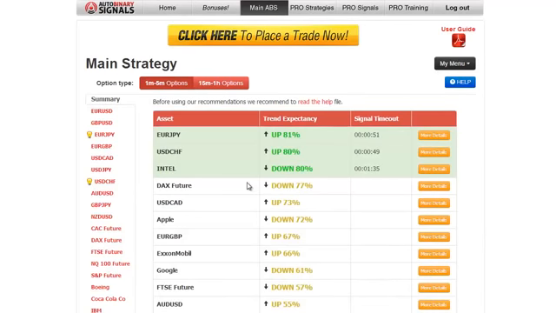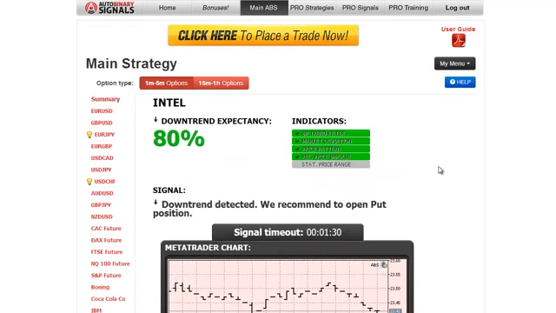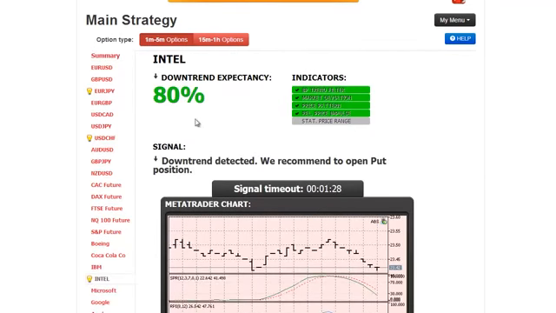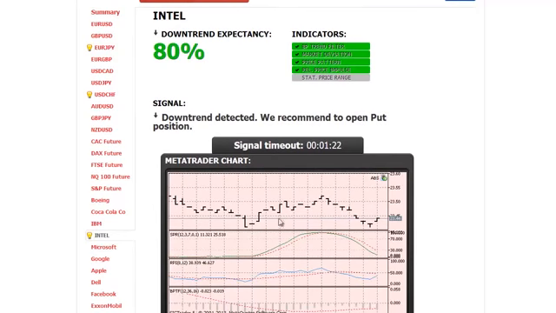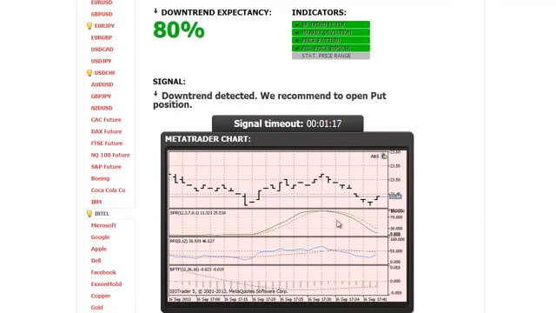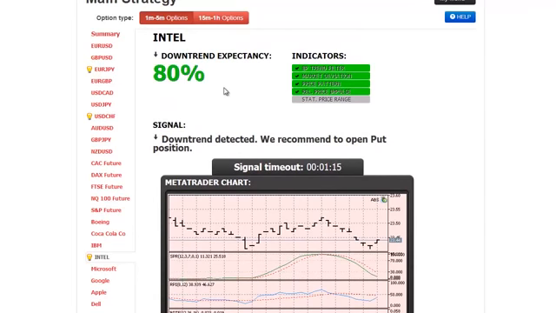All right, the system of auto binary signals, as you can see when you click on more details, uses different parameters. There are 5 indicators working simultaneously to give you the precise information that you need to know that a certain asset has potential to be a successful trade and to be in the money.